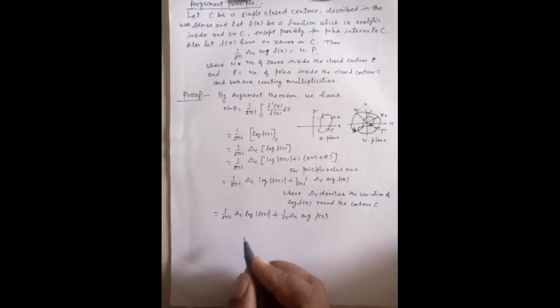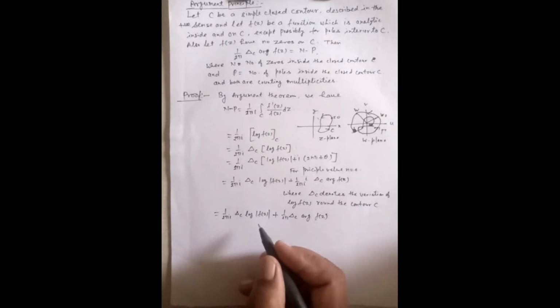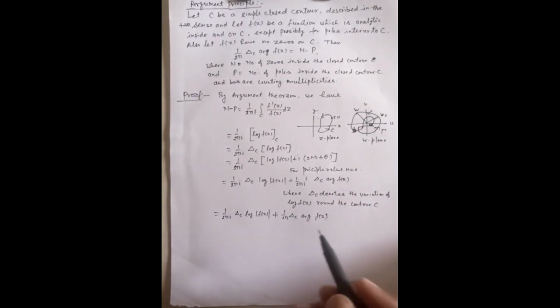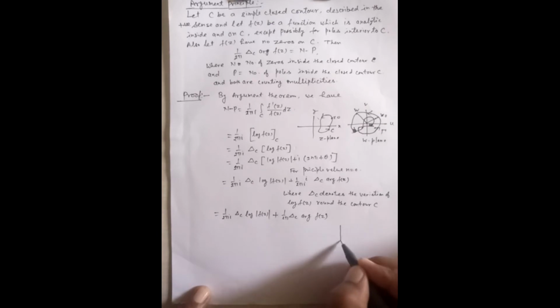Since delta C log of mod f(z) is equal to 0, if we take a circle like this, start from this point and move around, and again reach the same point, then delta C log of mod f(z) will be 0.